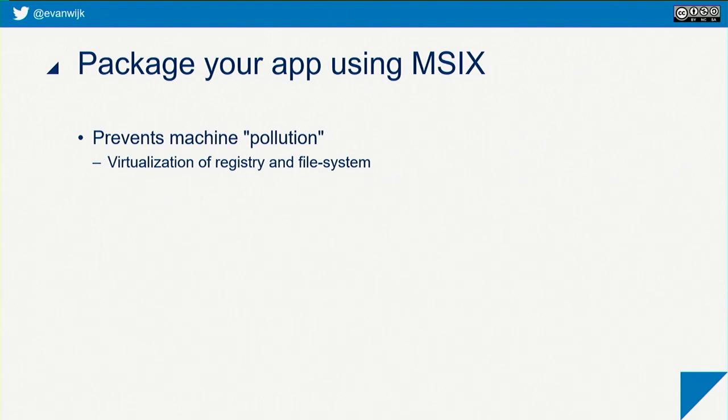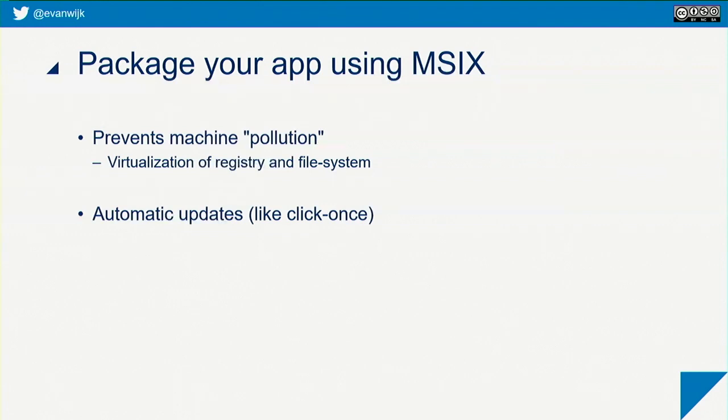And the real cool thing is that if you install your applications using MSIX, it will basically, I don't want to say sandbox it, but it will be in a sort of virtualized environment. So if it changes things in the registry and on the file system, it will make a note of that, and when you uninstall the application, everything is removed. So that's pretty cool. Also in there is automatic updates, just like we had with Click Once.